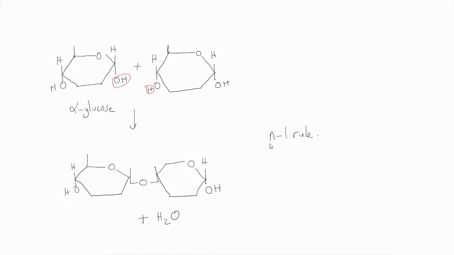So now I want to discuss the N-1 rule, which can be applied to any molecule which forms a bond and is involved in condensation reactions. So we have two monosaccharides. These are monomers. These react together to form dimers, like the disaccharide glucose, or polymers. Imagine we have a molecule containing 4 glucose units, all bonded to each other linearly, like this, the glycosidic bond.